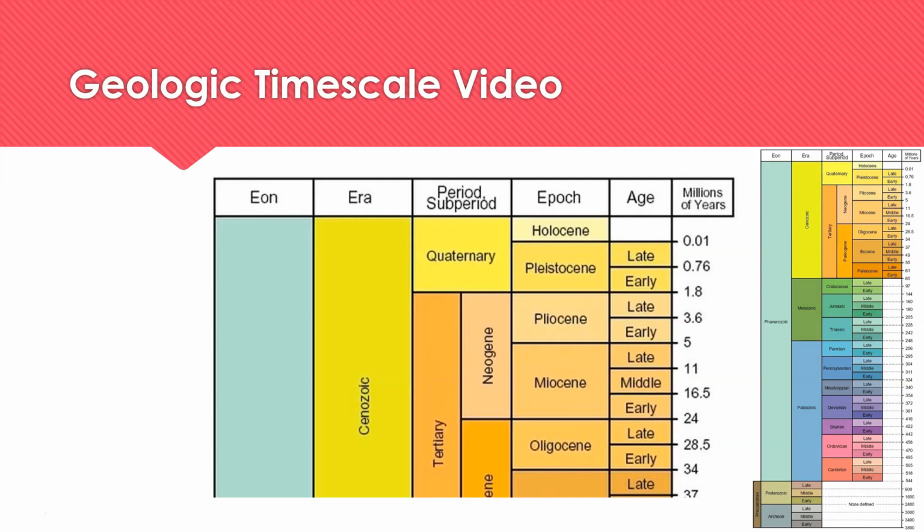So just to show you and give you an idea of all the different time periods or eons and eras and everything, and what we name them and how they cover deep time, got a little video here, just scrolling through this table.